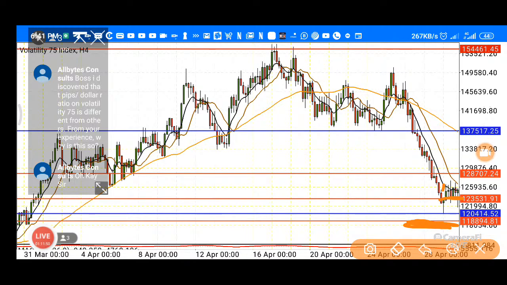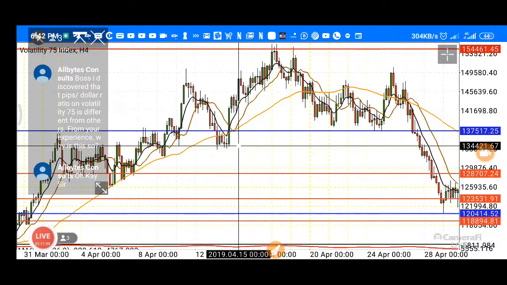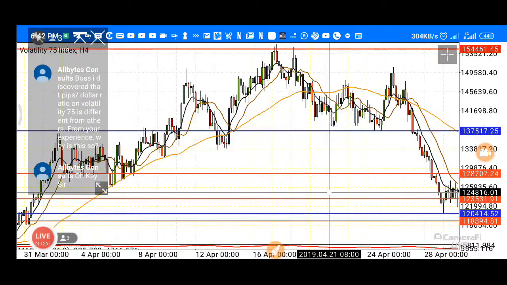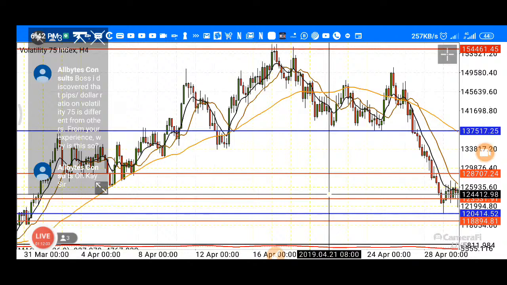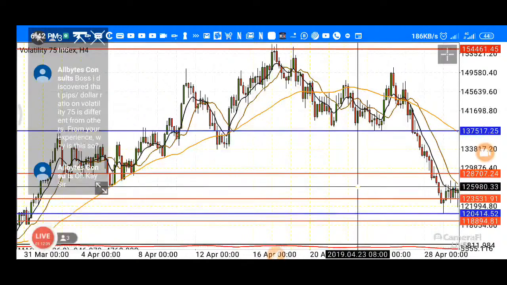So just move your stop loss above your entry level since you are buying. Your new stop loss would be at, let's say, 1244.12. So you've locked your profit. Now see what happened there. It came up. Our TP is here, right? It came up and came down.